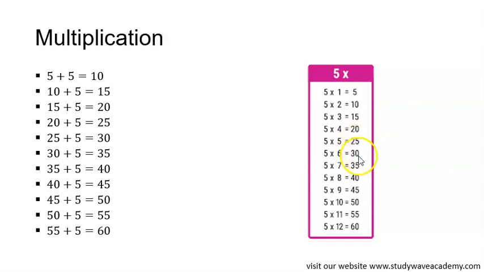Add 5 to 25 is 30. Add 5 to 30 is 35. Add 5 to 35 is 40. Add 5 to 40 is 45. Add 5 to 45 is 50. Add 5 to 50 is 55. Add 5 to 55 is 60.